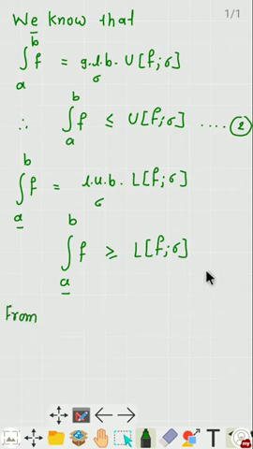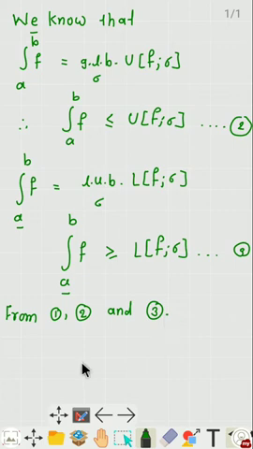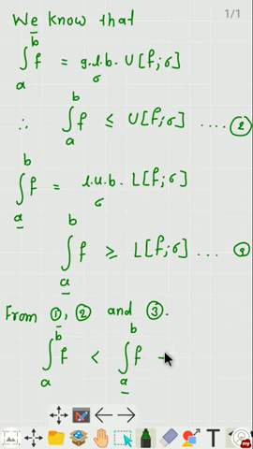From 1, 2 and 3, we can write that the upper integral of function f is strictly less than the lower integral of function f plus epsilon.